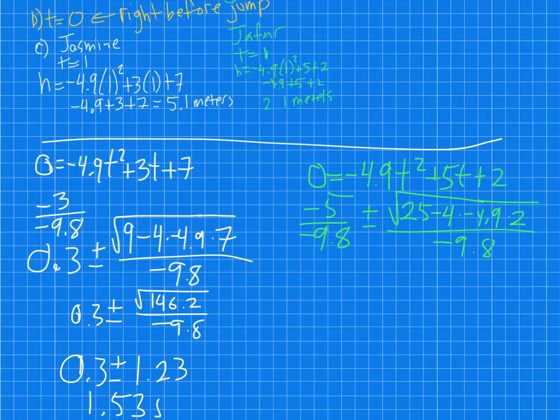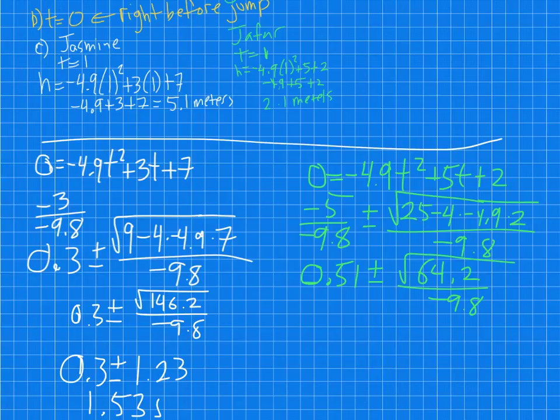Negative 5 over negative 9.8 should be somewhere about a half. That's going to be positive 0.51, plus or minus the square root of 25 minus 4 times negative 4.9 times 2, 64.2 over negative 9.8.